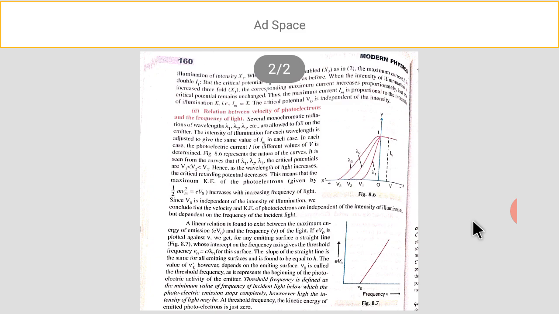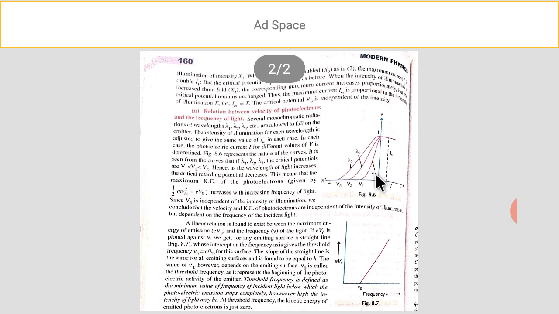Now here is the relation between velocity of photoelectrons and the frequency of the light. Here V is the potential, V1, V2, V3 are the potentials, and Im is the maximum current, and lambda 1, lambda 2 and lambda 3 are the wavelengths incident on it.